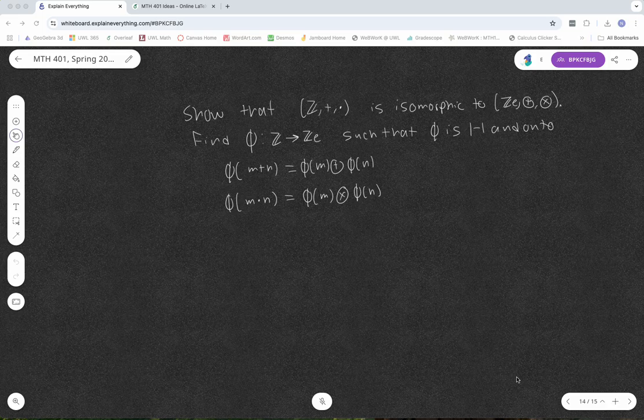So we're going to define phi of n to equal ne. It's pretty straightforward. We start in Z and we end in Ze. I think it's pretty clear that we're 1-to-1 and onto.